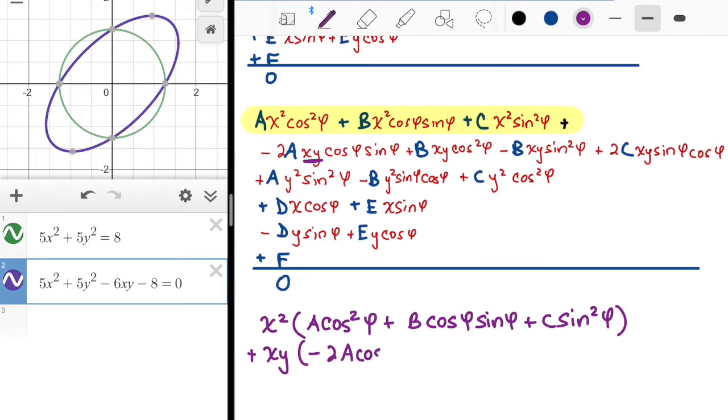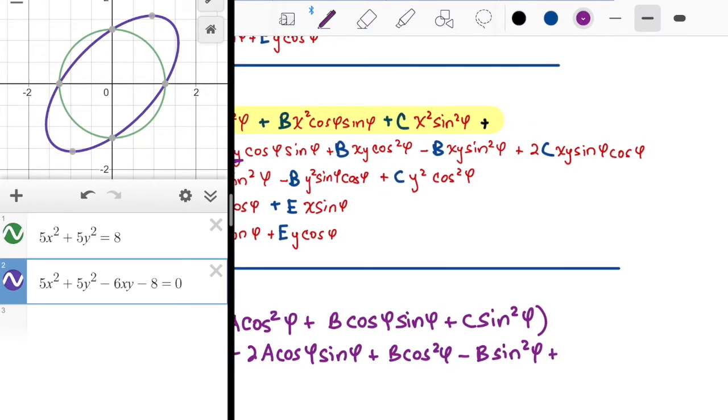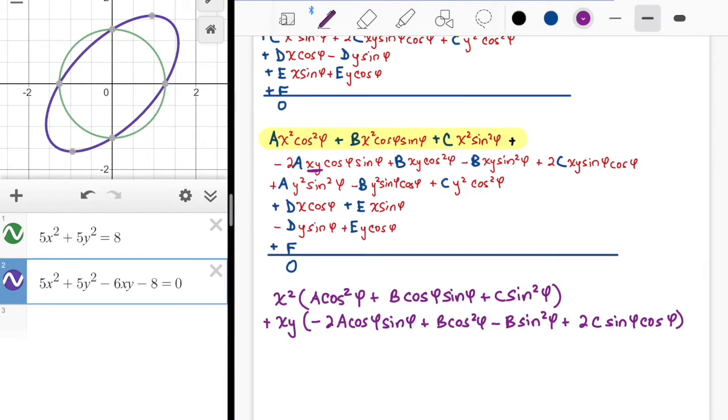So we're going to have negative 2a cosine phi sine phi plus b cosine squared phi minus b sine squared phi plus 2c sine phi cosine phi.